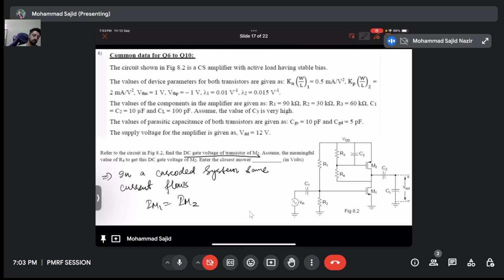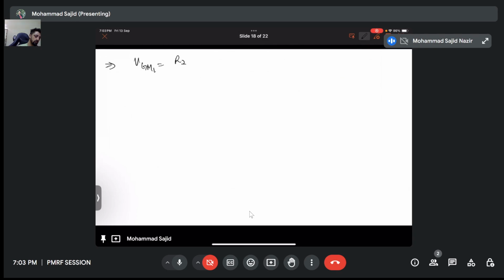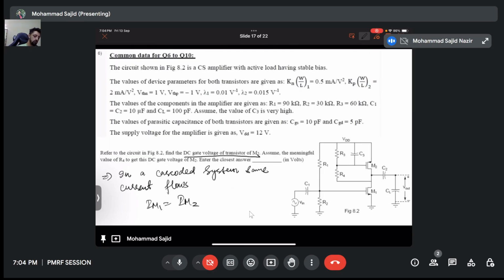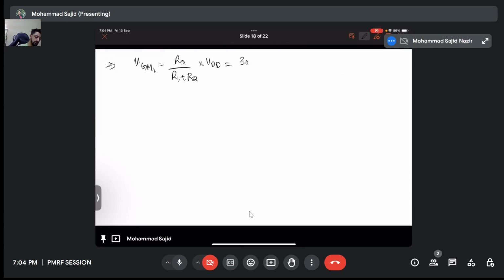That's simply given by the voltage divider R2 divided by R1 plus R2 multiplied by VDD. R2 is 30 and R1 is 90 kilo ohm. So this is 30K divided by 30K plus 90K multiplied by 12, that is VDD. It will come out to be 30K by 120K multiplied by 12, the K will cancel, and 12 divided by 4 will be 3. This is your gate voltage first.